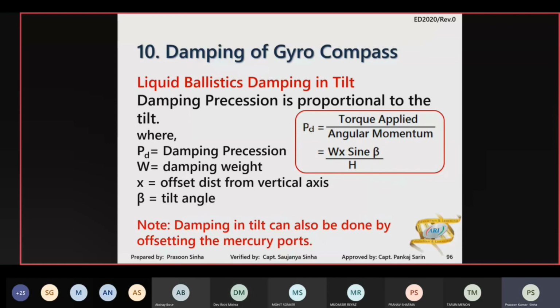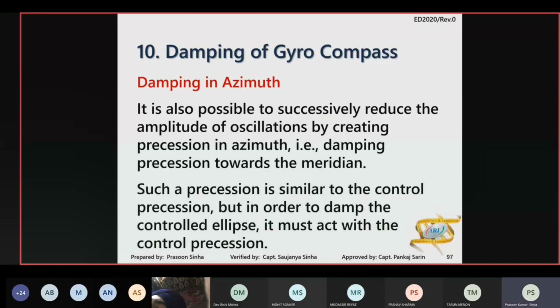Beta is the tilt angle. Okay, ये रहने दीजिए, ज़्यादा दिमाग मत लगाइए इसके ऊपर.